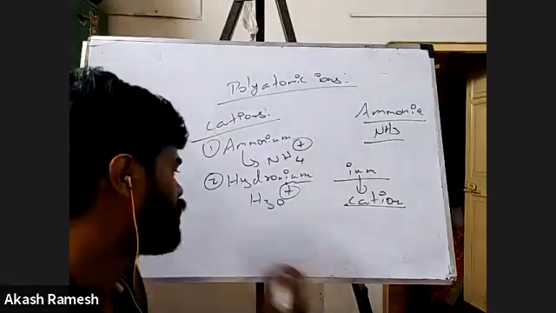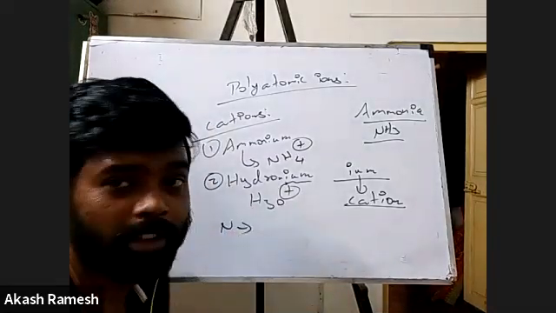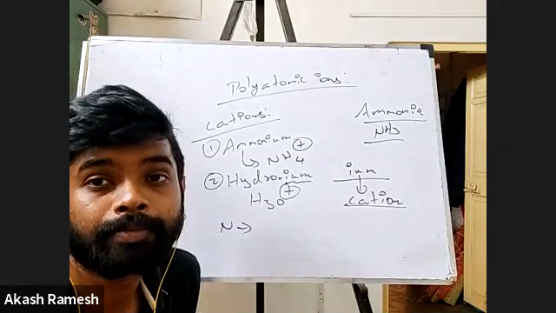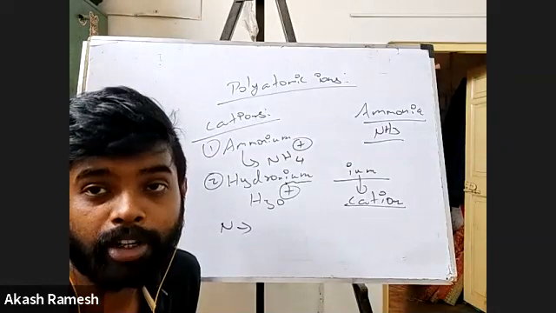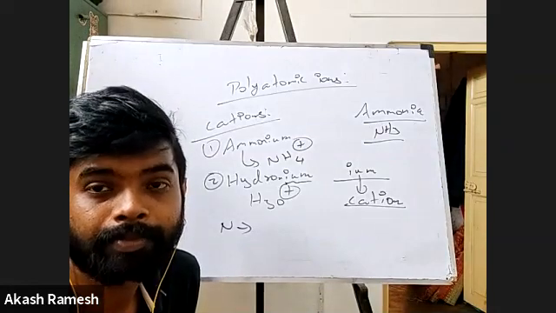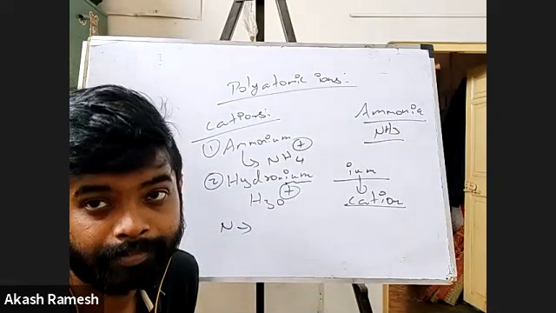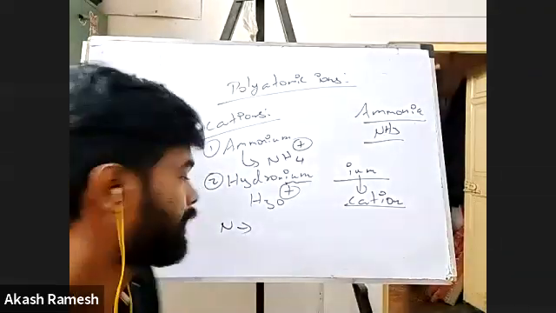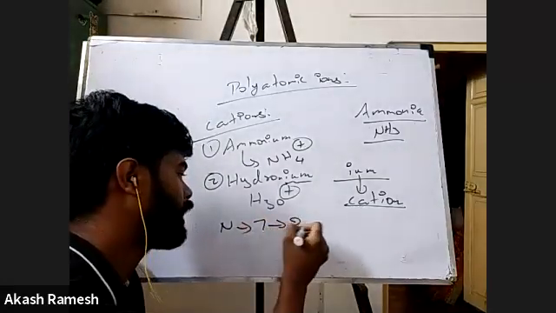Now nitrogen. What is the atomic number of nitrogen? 7. The atomic number of nitrogen is 7. So how will you write the configuration?